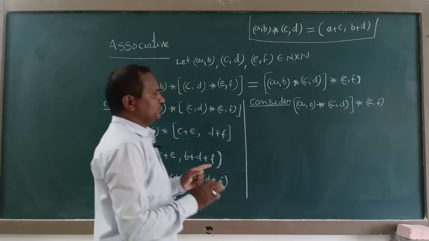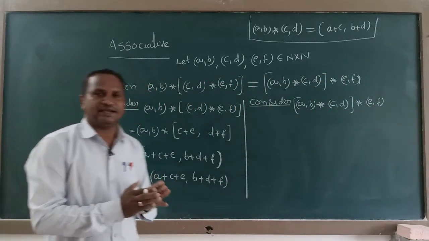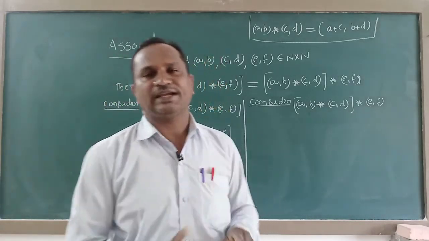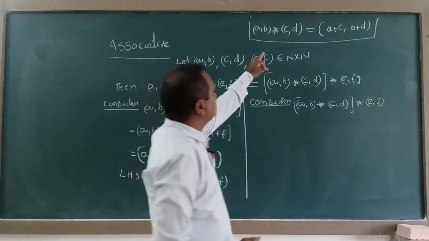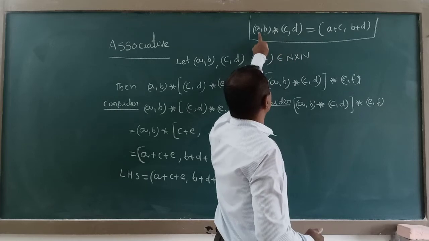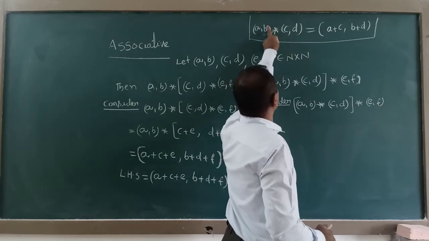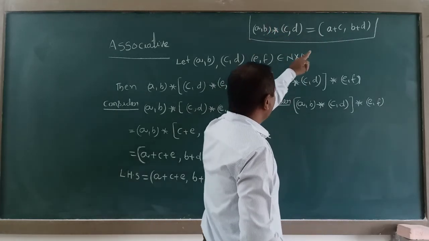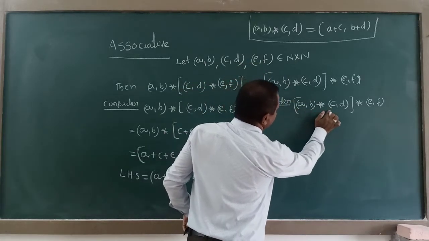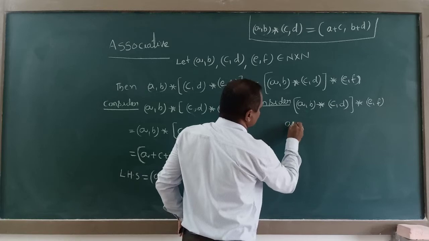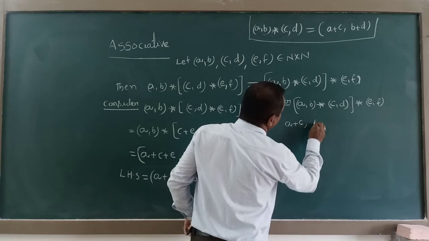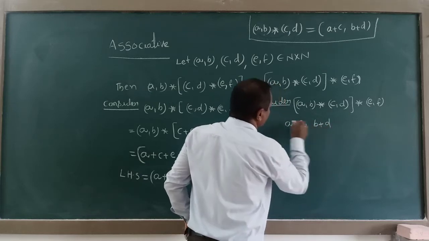For this, first we have to finish the first bracket part. First we have to apply the given definition to the bracket part. What is the definition? Ordered pair star ordered pair is equal to the sum of all first elements comma sum of all second elements. The same formula you have to apply for the bracket part. Sum of all first elements A plus C, comma, next sum of all second elements B plus D, star.